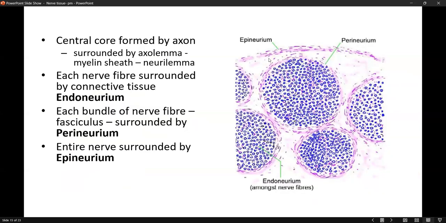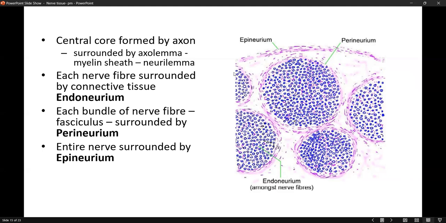Histologically, these peripheral nerves have several coverings which protect the fibers. One is the innermost covering of one axon, over the neurilemmal sheath, which we call the endoneurium. Then several such endoneuriums bundled together are protected by a connective tissue covering which we call perineurium. Several nerve bundles are covered by this perineurium.